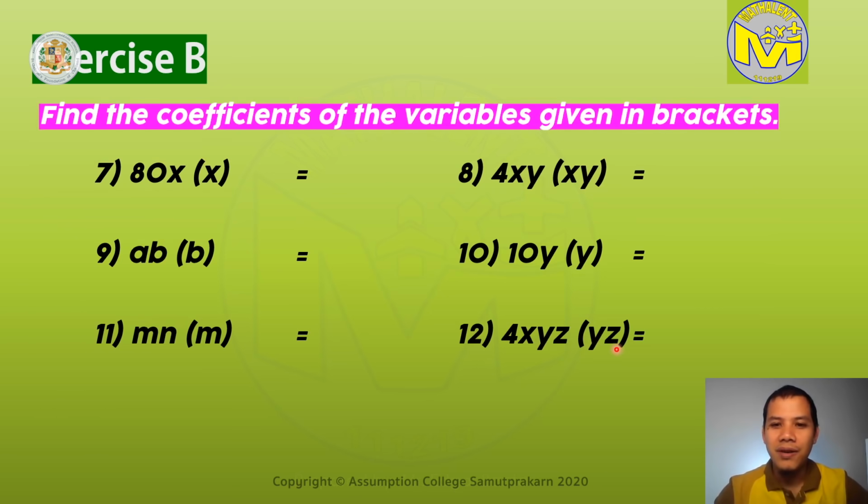The coefficient of yz in 4xyz is what? 4x. 4x. Because yz are here, 4x are here, so just take it off, put it in here. So what are left? The 4x. And that's the answer. Good job. We are done in our exercise.